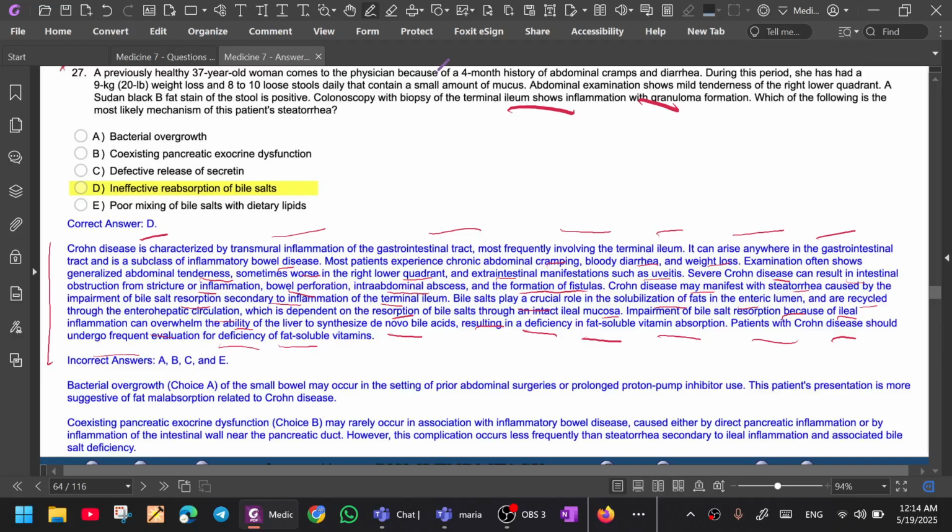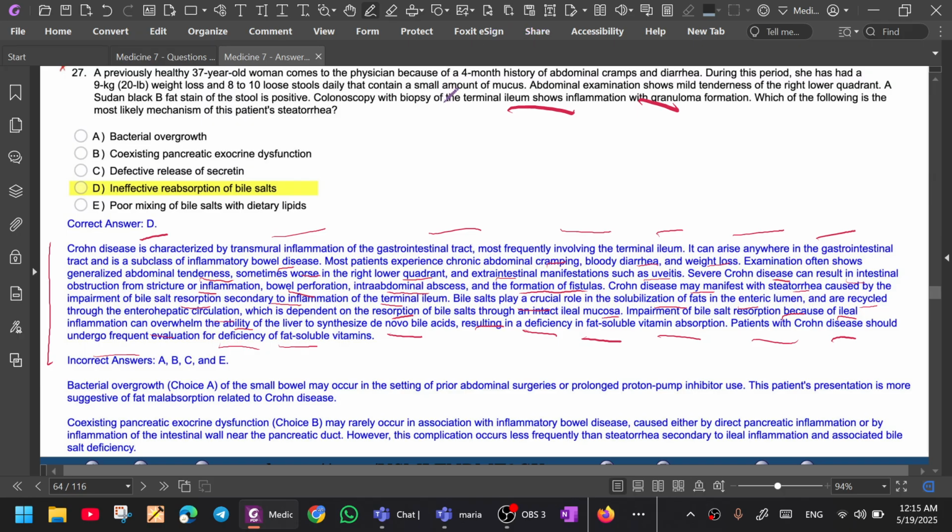Ulcerative is usually bloody. Crohn's is usually watery. But in here they are talking about loose stool, like fatty stool, and fatty stool goes for the Whipple.